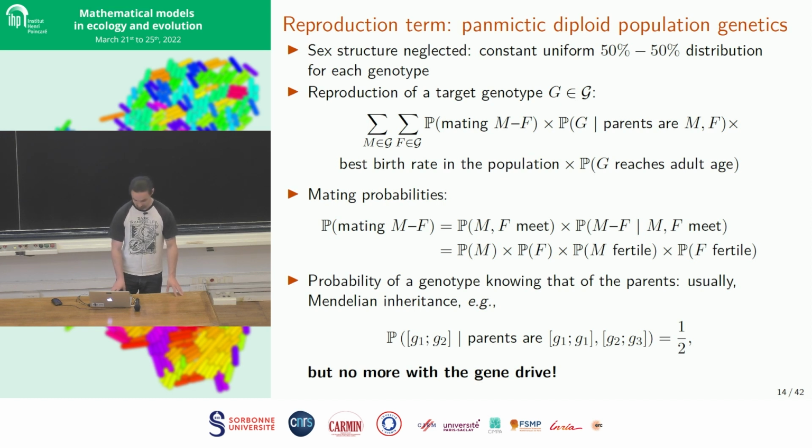And then where the gene drive appears is in the calculation of the probability of the genotype, knowing the genotypes of the parents. Usually you would do the classical tables that we all did long ago for Mendelian inheritance. But here we have gene drive, so that's going to change the tables, basically.